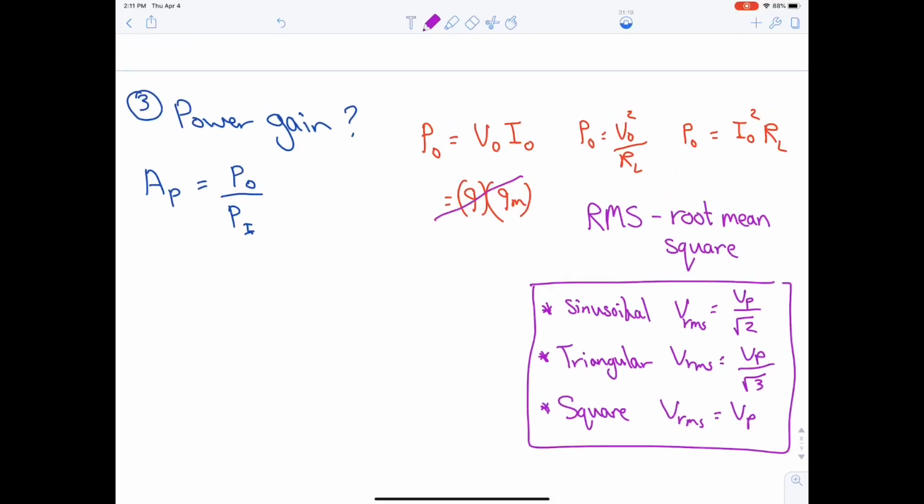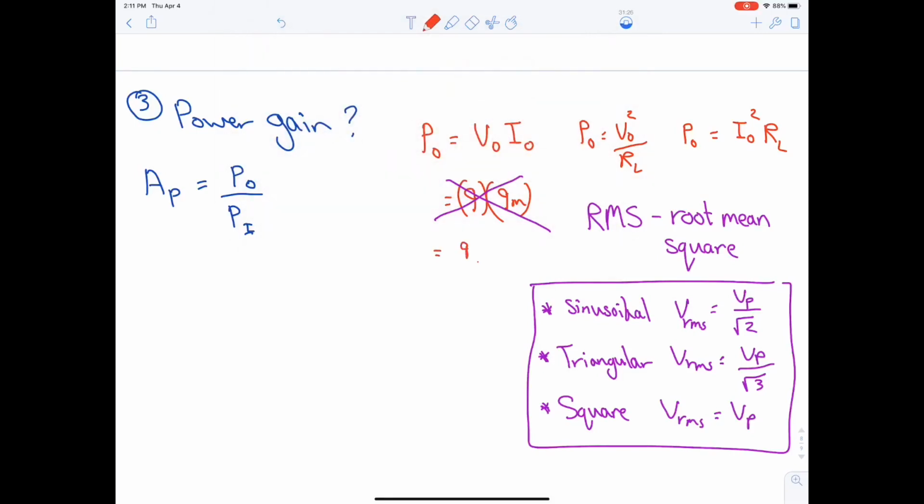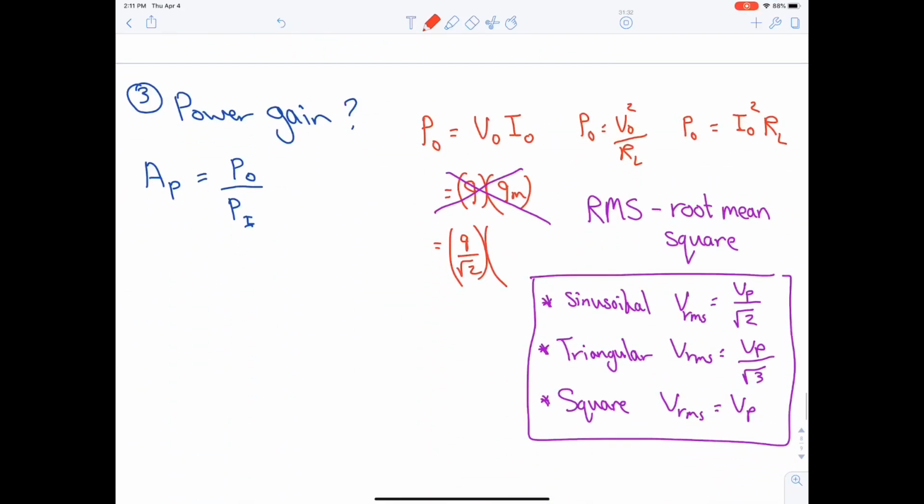So now instead of writing 9 multiplied by 9 milli, we need to write what? The peak value, which is 9 divided by root 2 multiplied by I output 9 milli divided by root 2. Okay, and this will give me, let me calculate it, 9 divided by root 2 multiplied by 9 milli divided by root 2.